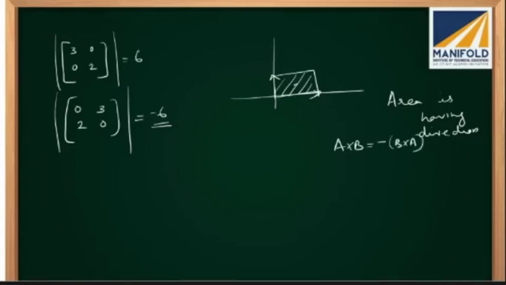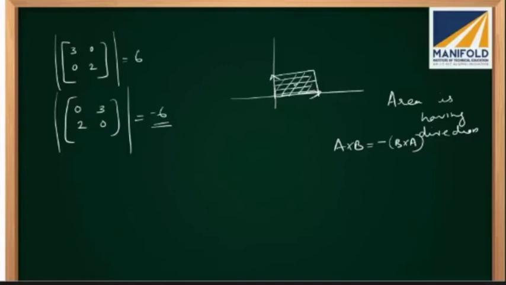That is why the sign is plus here and minus here. Plus sign means it is giving you the area of the rectangle which is facing us. Minus sign means it is giving you the area of the rectangle on the opposite side of this particular board. That is the meaning of the negative sign in area.